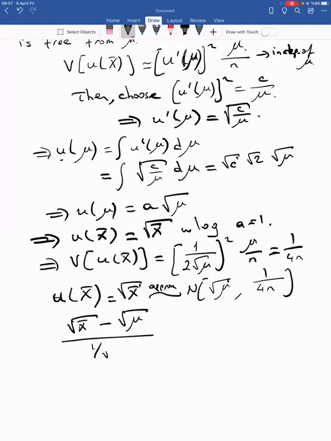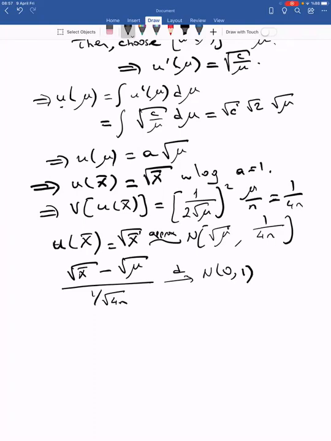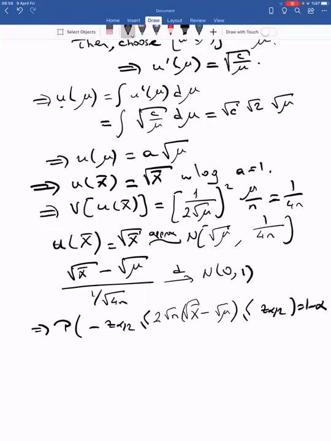Then dividing by 1 over the square root of 4n, this has a standard normal distribution. Then after creating an interval, minus z alpha over 2 less than this quantity less than z alpha over 2, and we can write this part in a nicer form like this, this probability equals 1 minus alpha.